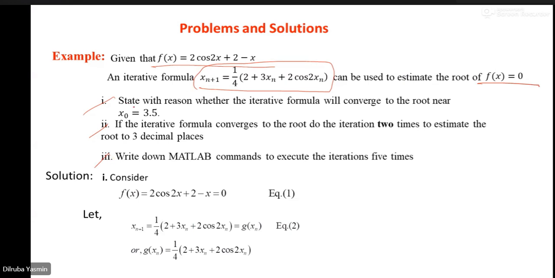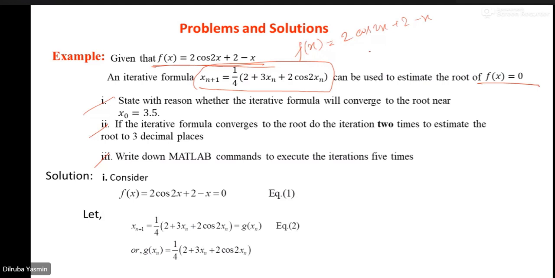So we have a function f of x equal to 2 times cos 2x plus 2 minus x. From this function, you can get this iterative form. How?